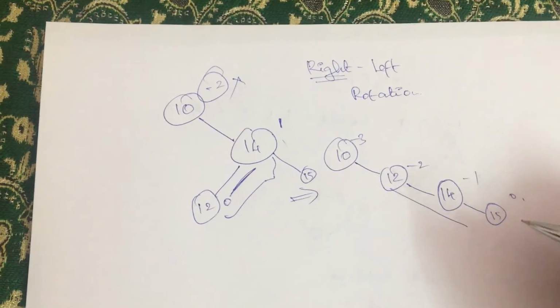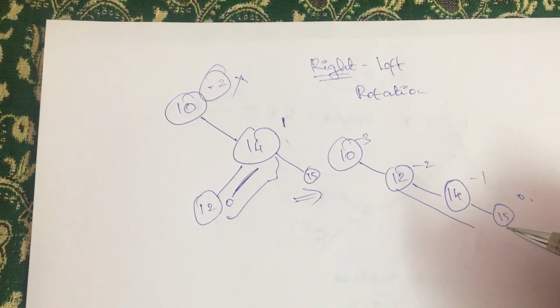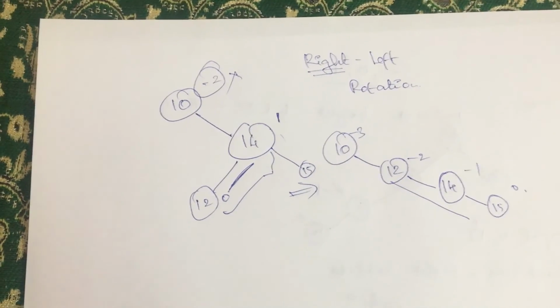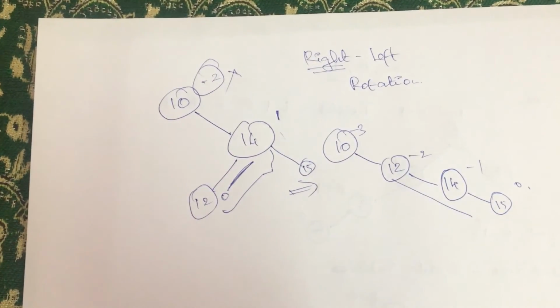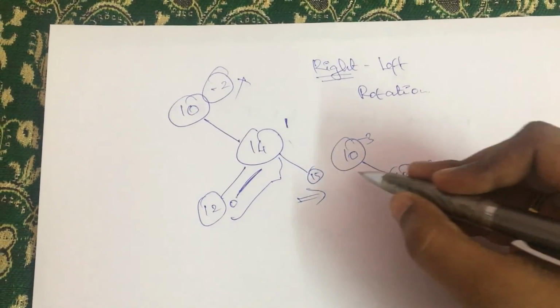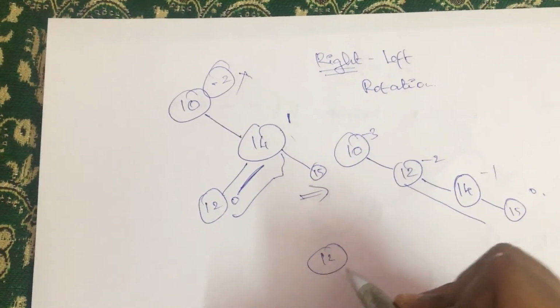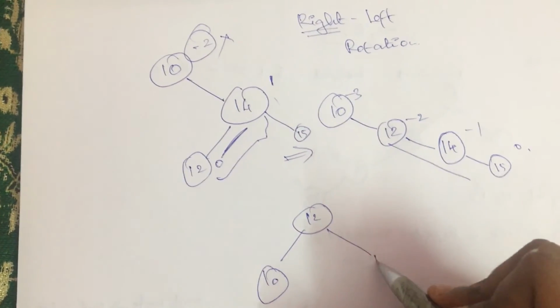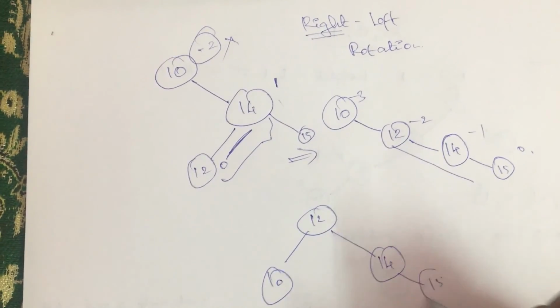Again here I want to follow one more rotation. After this rotation, what will happen? We have to actually follow two rotations. In those two rotations, let's see what exactly happens. This 12 will become the root node, 10 will become left of 12, and we'll have 14. 14 will have a right as 15.